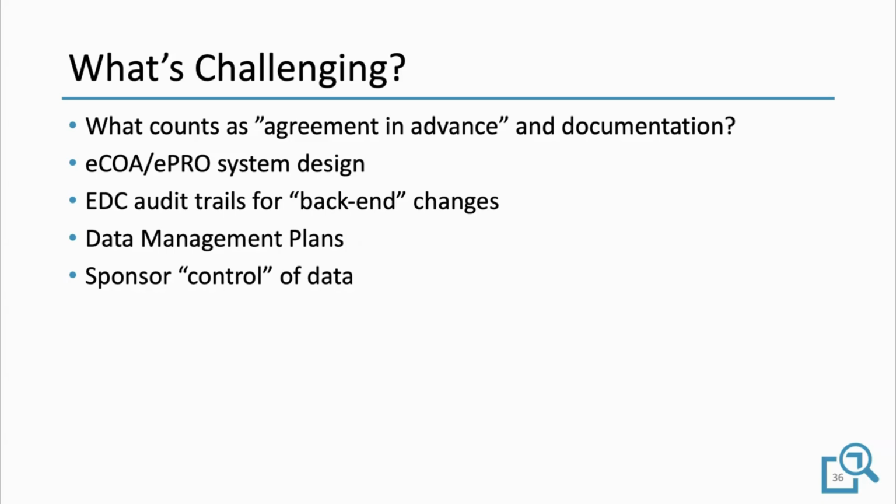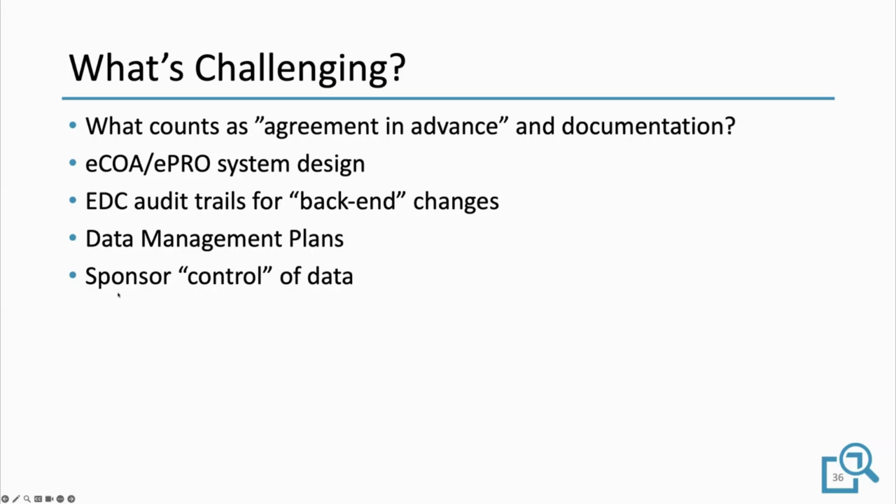We've seen some EDC systems that capture changes made by data management in a really unusual way, like it's attributed to system or it's really cryptically represented. And so one of the things you need to do when you're evaluating your data capture systems is look at how they capture these sort of changes in the audit trail. Our data management plans are going to need to be a lot more specific about this moving forward.